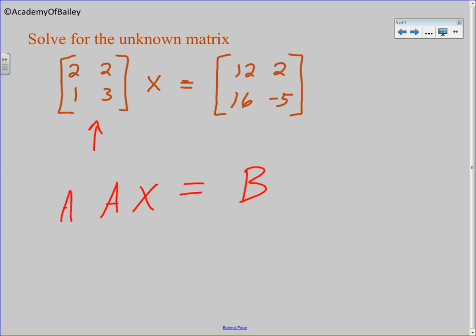Well, that's the inverse of matrix A. If we take the inverse of matrix A, they cancel out, leaving us with X. And if we multiply the left side by the inverse of matrix A, we also have to multiply the right side by the inverse of matrix A. And from there, that's how we solve it.